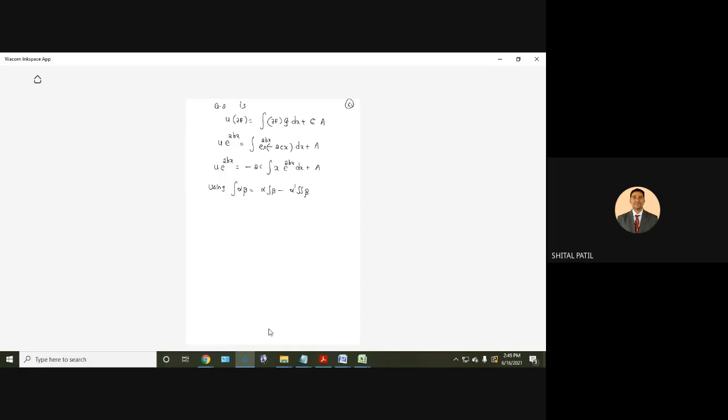Chain rule of integration by parts that I am using. Alpha as it is, integration, derivative of x, 1, okay.